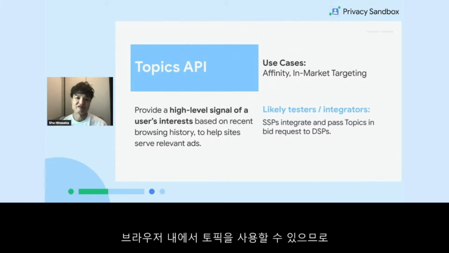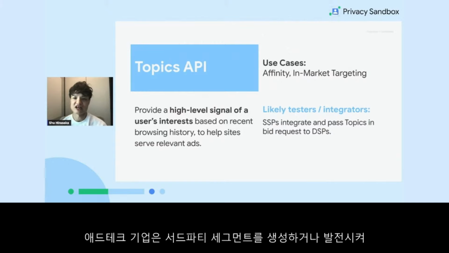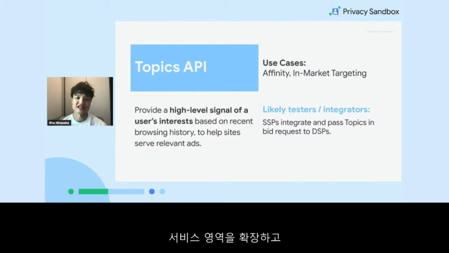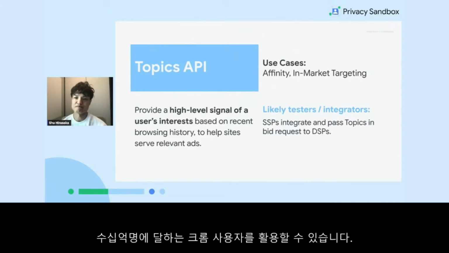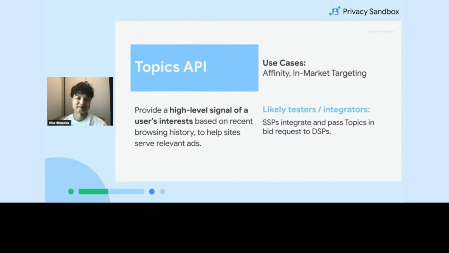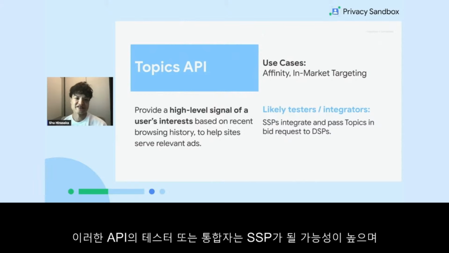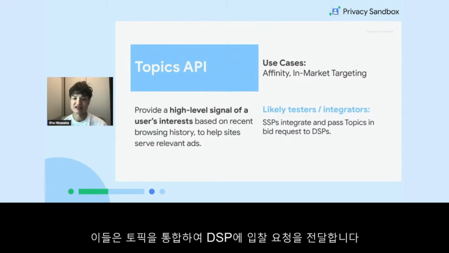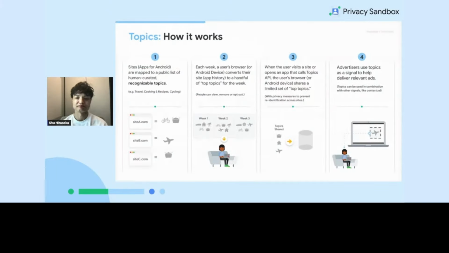These are available from within the browser, allowing ad tech companies to create or advance third-party segments to expand reach and leverage the scale of literally billions of Chrome users. The likely testers or integrators of these APIs will be SSPs who integrate and pass topics in a bid request to DSPs.